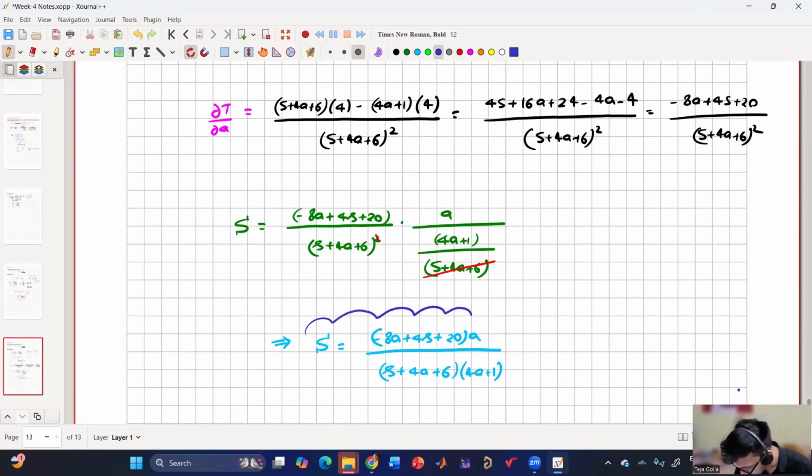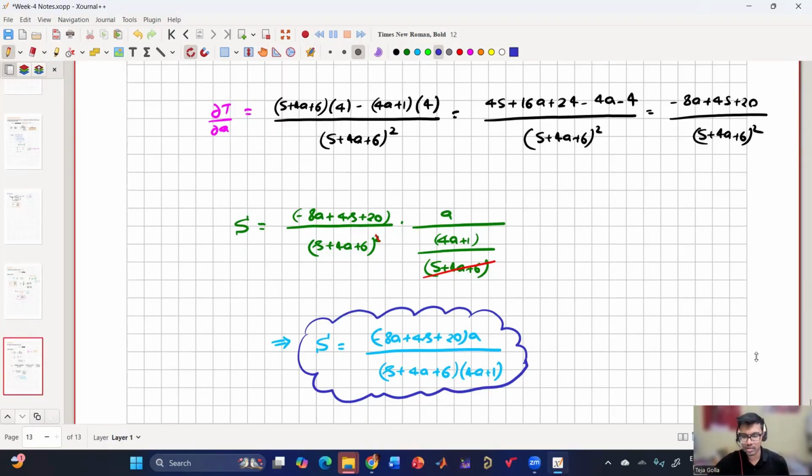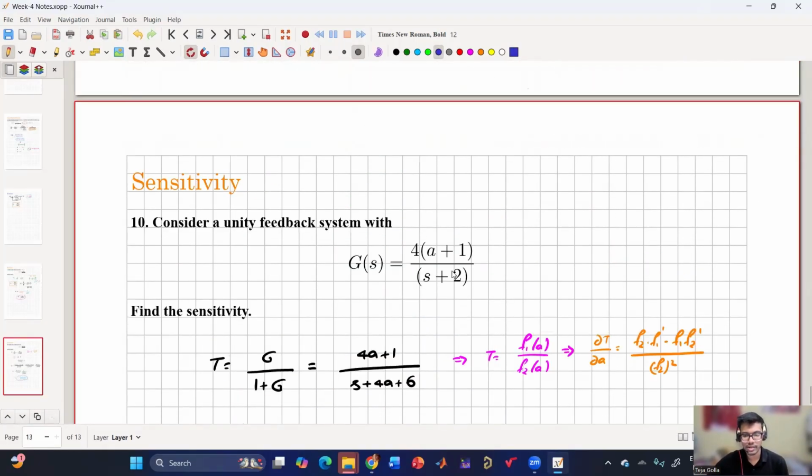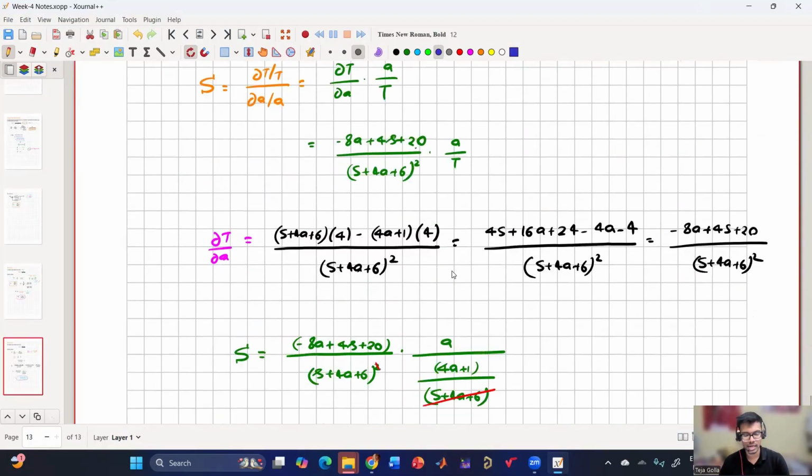Depending upon the A, see, if it is in the denominator, our life was simpler and the expression was also simpler. But if it has gone to the numerator, the situation is a little bit complicated. If we have second order, then it will be a little more complicated. So depending upon the complexity of the system and the location of the A, the expression can get complicated.